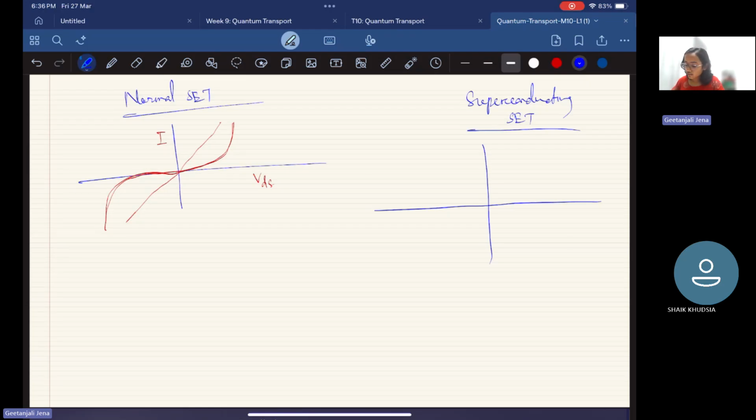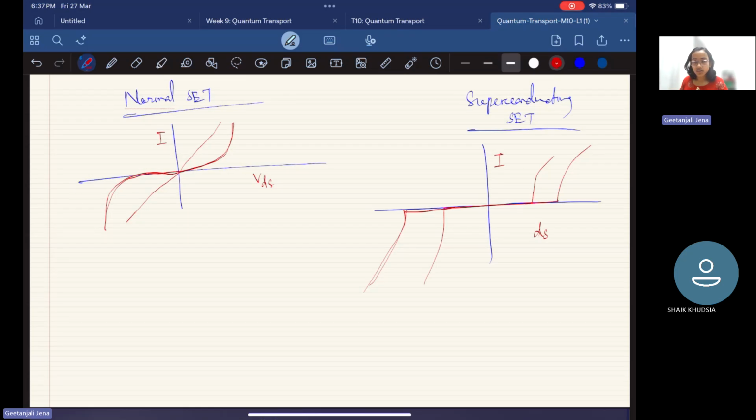So for Cooper pair, you will see a variation like this. And for the quasi-particles, you will see a variation like this.